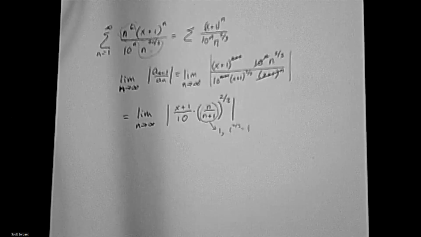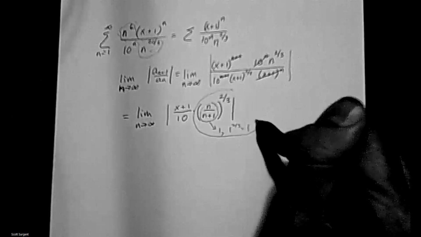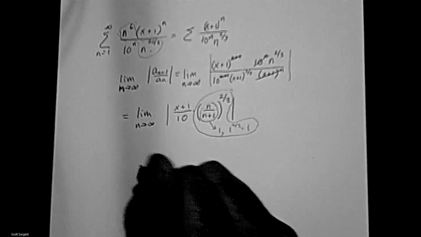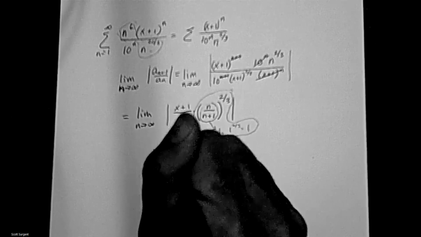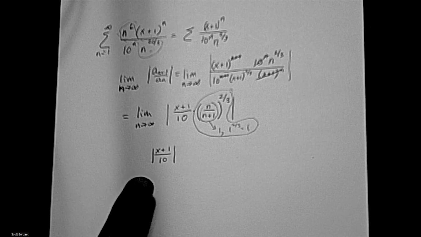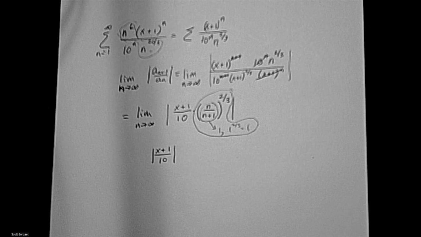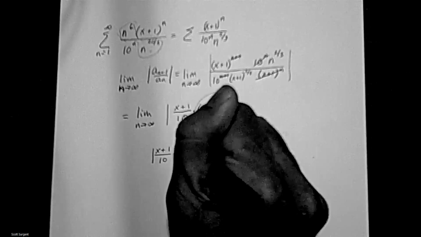So believe it or not, that limit just disappears to 1, and we're left with the absolute value of x plus 1 over 10. Now this is a case where it didn't go to 0 or infinity, so we saw something left over. So the ratio test implies convergence as long as this expression is less than 1.